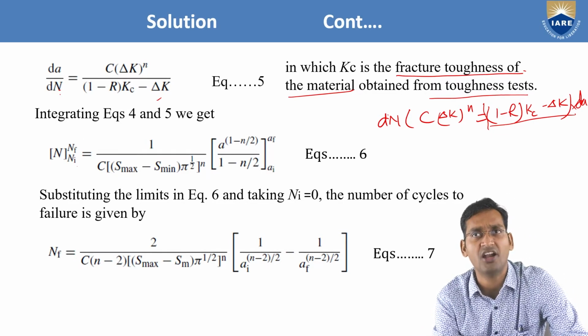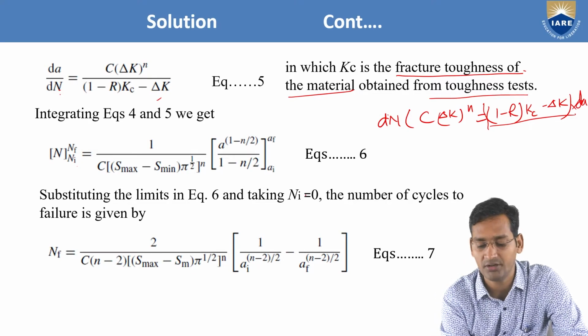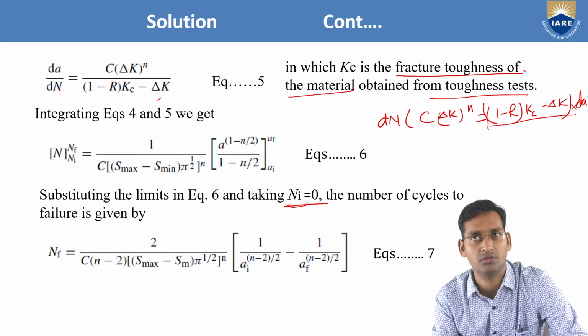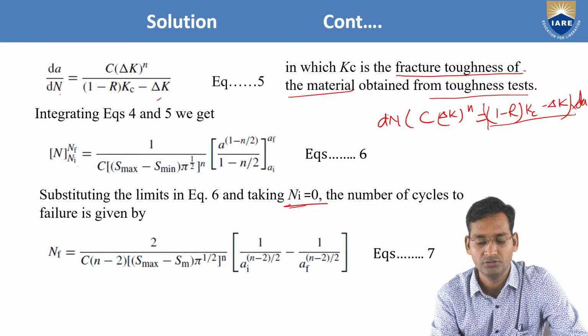Ni will be what? Starting 0. We will take Ni as 0 because at the starting point no number of cycles is there, so 0 will be there.